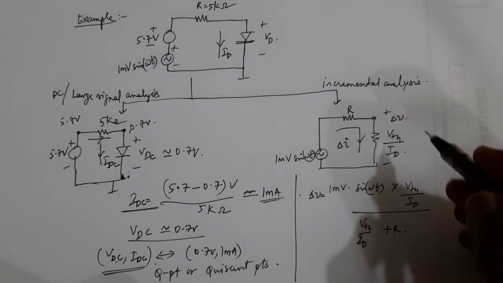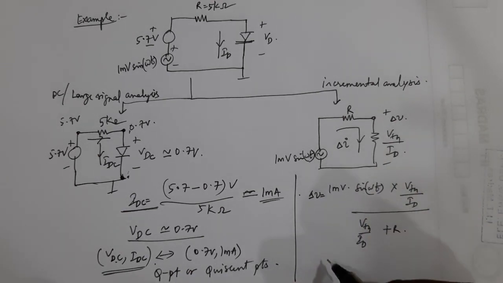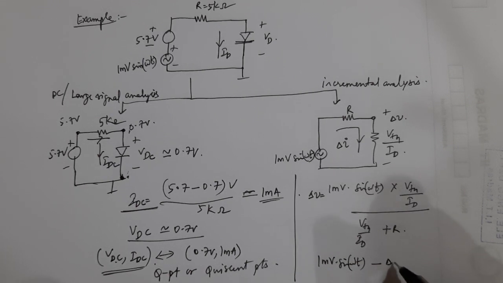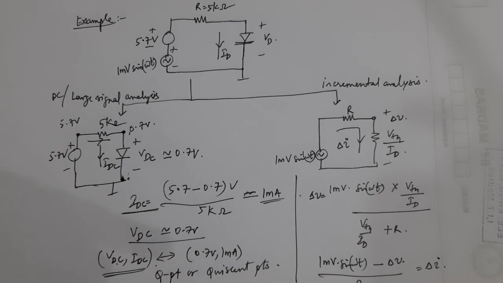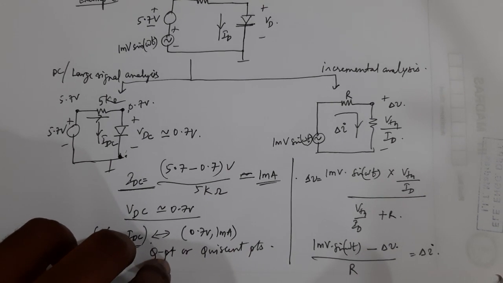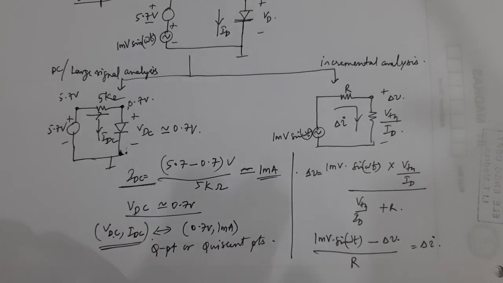And once you obtain this value, then 1 millivolt sine omega t minus delta V, divided by R, is going to be delta I. Simple. Done. So this is the incremental analysis, or incremental voltage and incremental current.